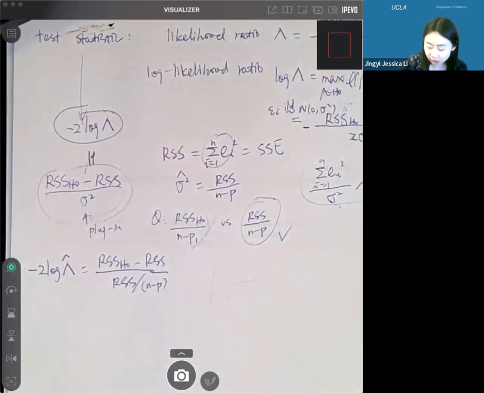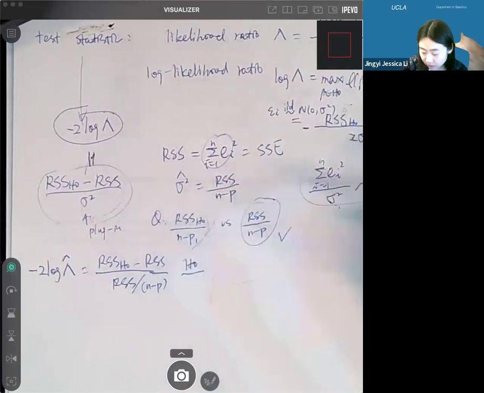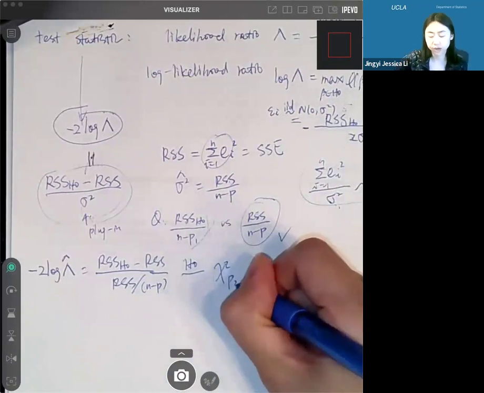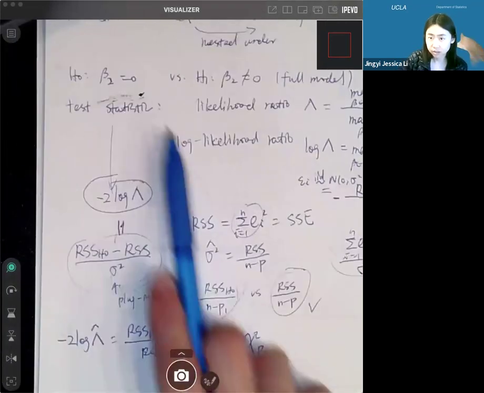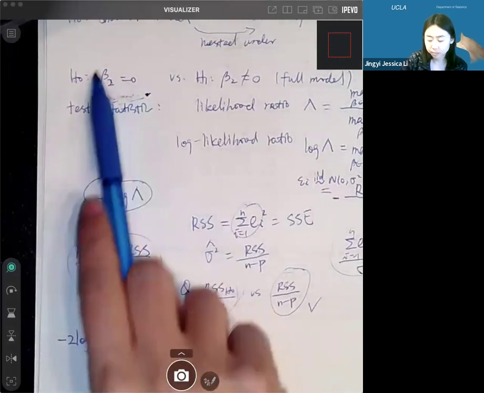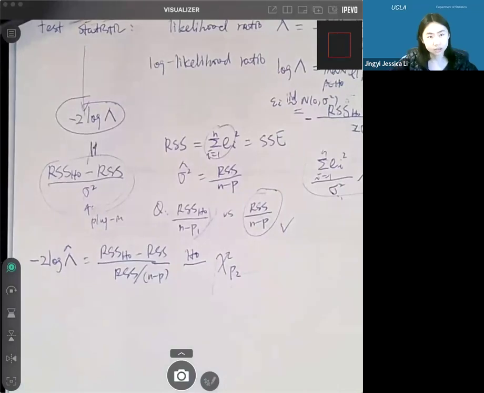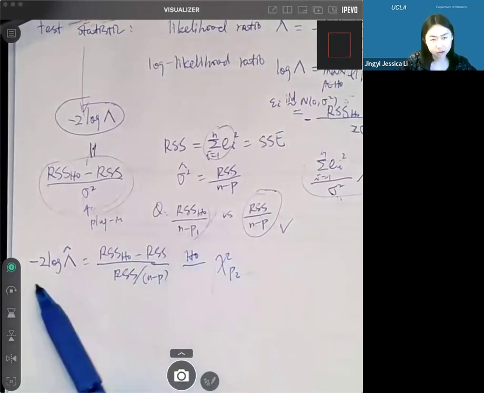And under the null, the asymptotic distribution is chi-square with degrees of freedom p2. p2 is the difference in degrees of freedom between the smaller model and the bigger model. Since the smaller model specifies p2 parameters to be 0, you lose p2 degrees of freedom.